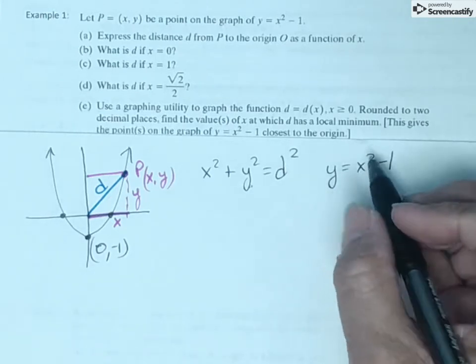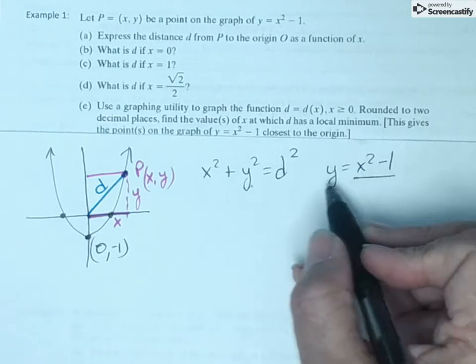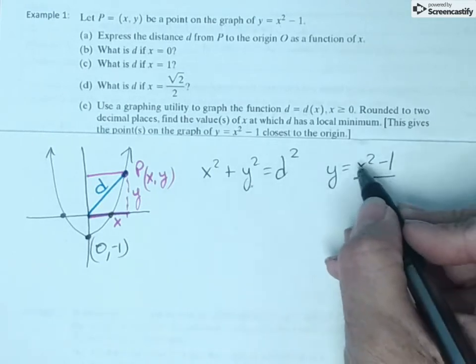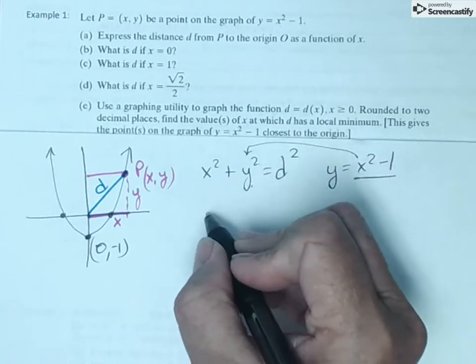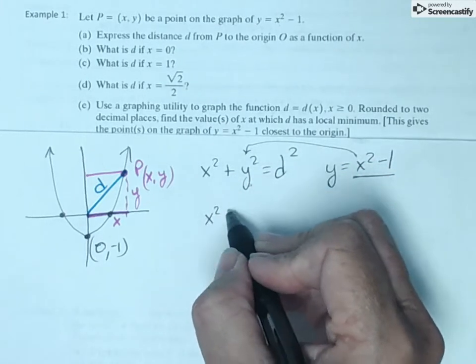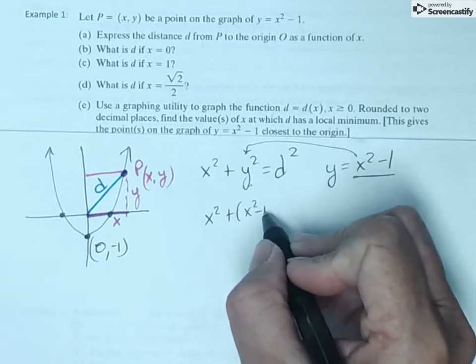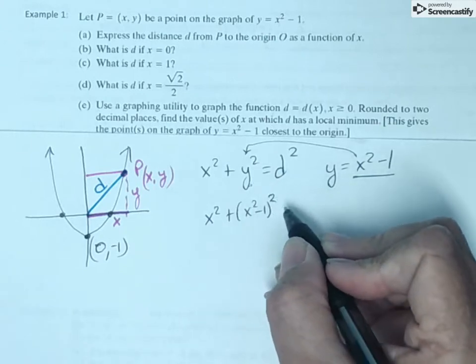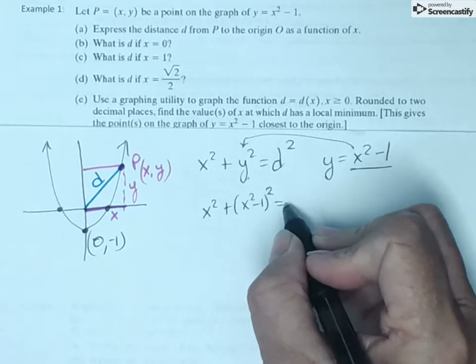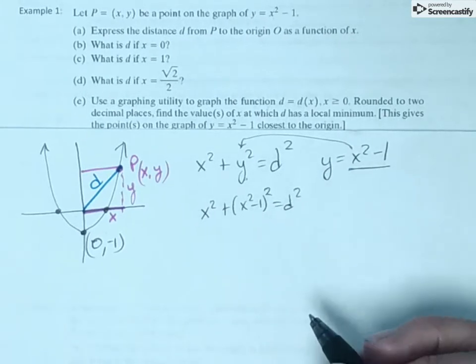So I have an equal expression for y. So I'm going to replace this in here. So I've got x squared plus, now I'm replacing y with x squared minus 1, and that whole thing has to be squared. That equals d squared.